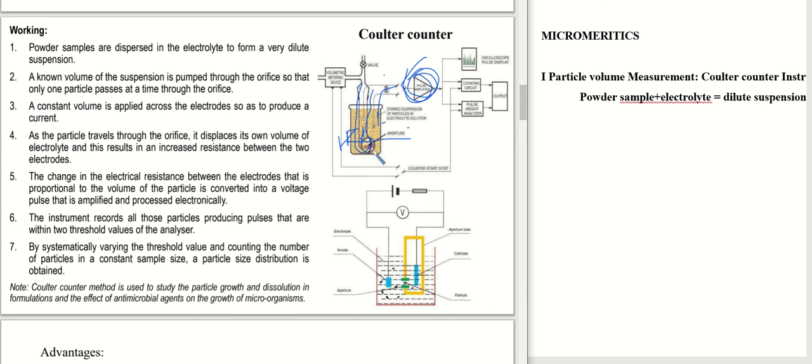Now the change in this amplifier, the change in this voltage or the electrical resistance is proportional to the volume of the particle.